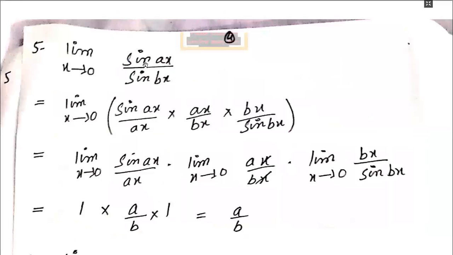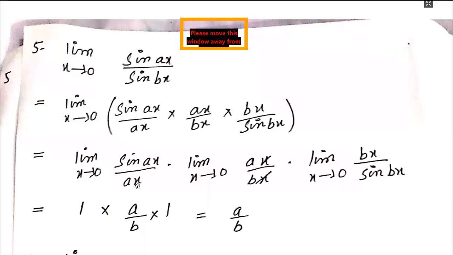Now the same thing is here: sin ax divided by ax, and sin bx also divided by bx, will be equal to 1. So we write sin ax divided by ax, into ax upon bx, into bx upon sin bx. See here, bx and bx cancel, ax and ax cancel, and we get the same sin ax upon bx. We can easily check by multiplying and dividing by ax and bx.